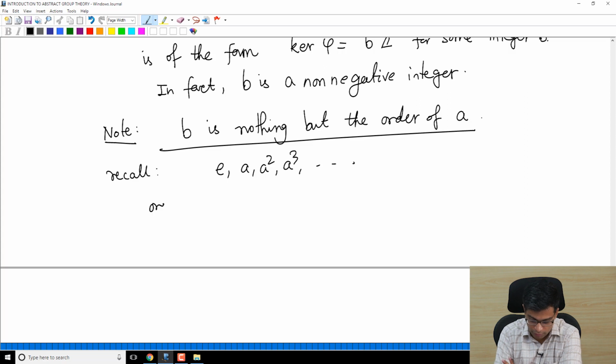So the order of A has two possibilities.